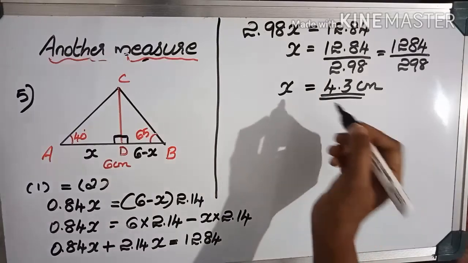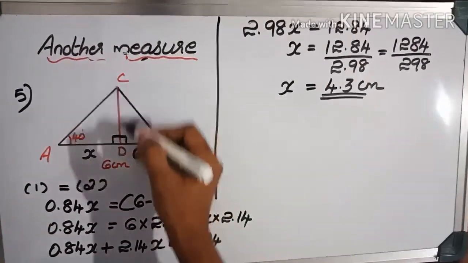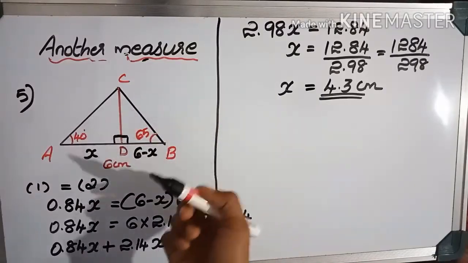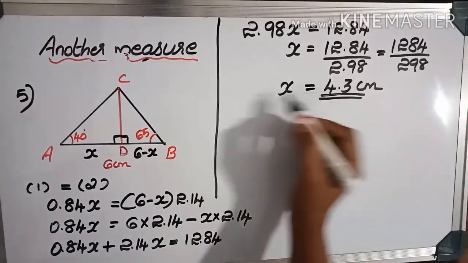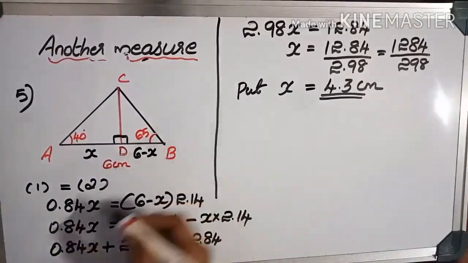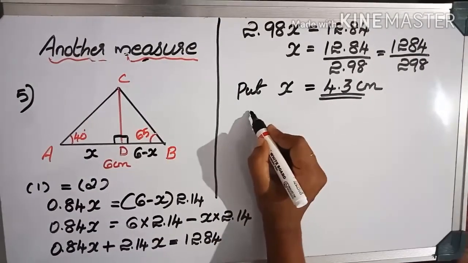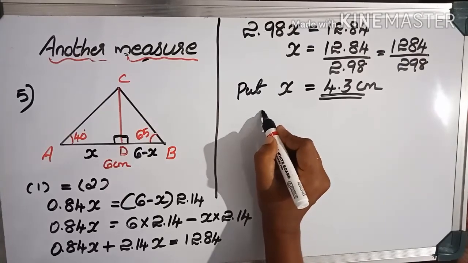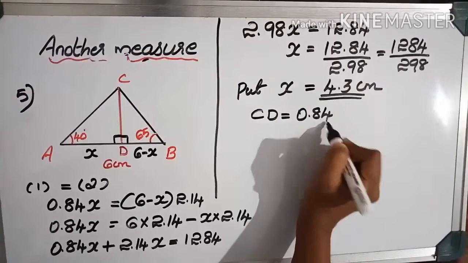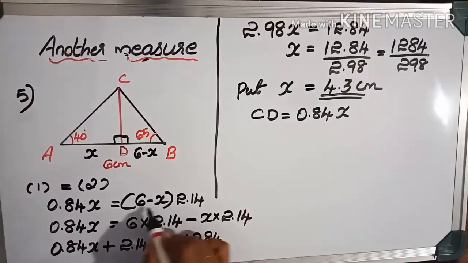Now we need CD. In order to find CD we have two equations, so any of the equations you can choose. Put x equal to 4.3 in any of the equations. First equation is better, because first equation was CD equal to 0.84x. For the second equation we have to open the bracket.